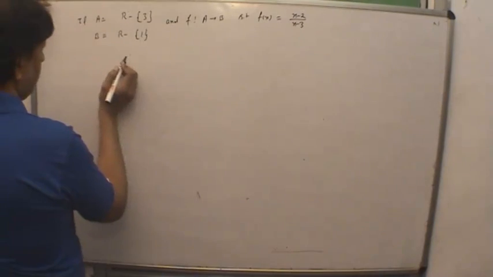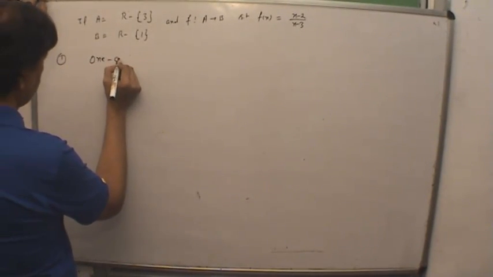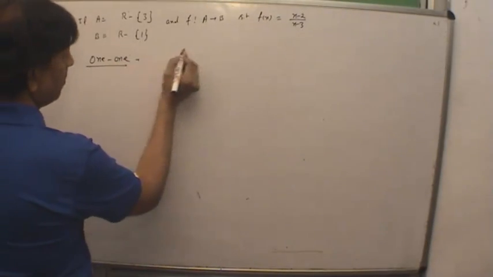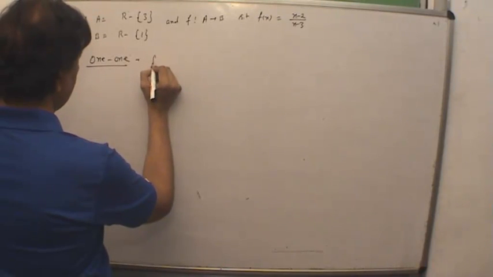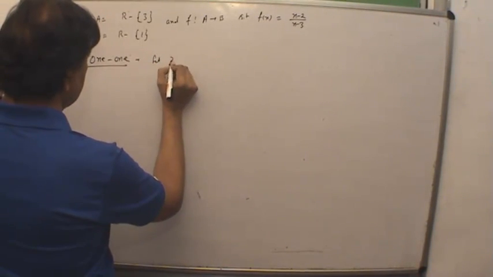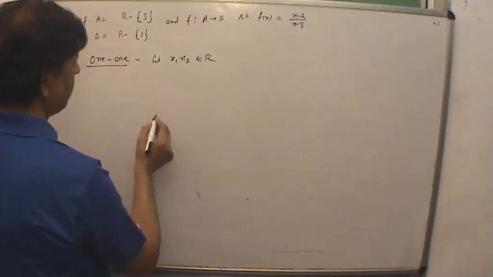Let's try to find out. First of all, one-one mapping. Here the function f of x is this. Let x1, x2 be two members belonging to the set of real numbers.